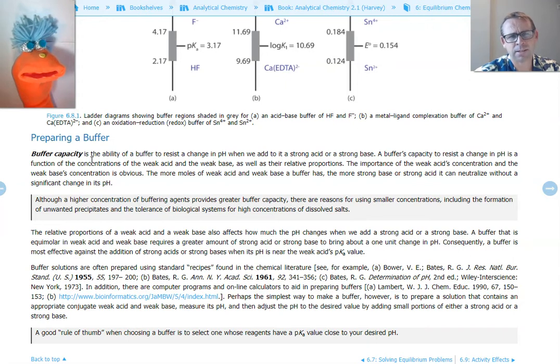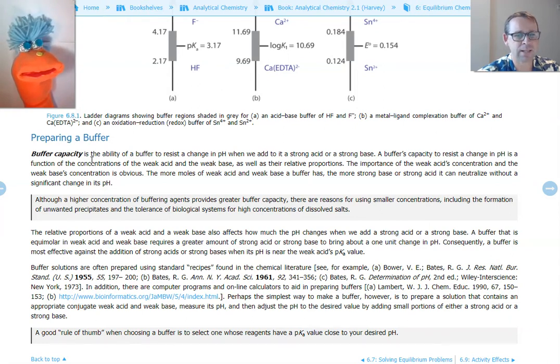If you add way too much acid and convert all of your dissociated form to the acid form, any extra acid that's added will change the pH because that hydrogen ion will just be around from the dissociation of the acid. On the same side, if you have a buffer and you add more base than the acid form can dissociate to consume, then the base will change the pH drastically as well.